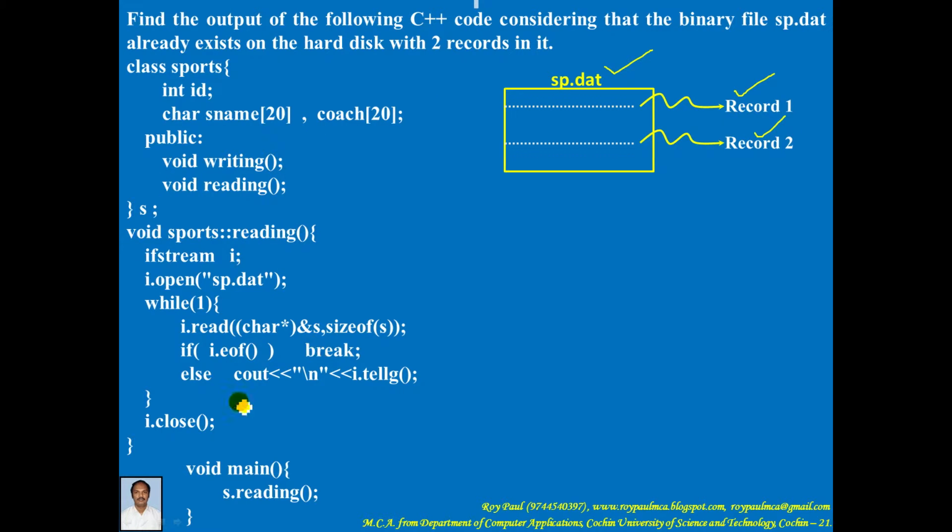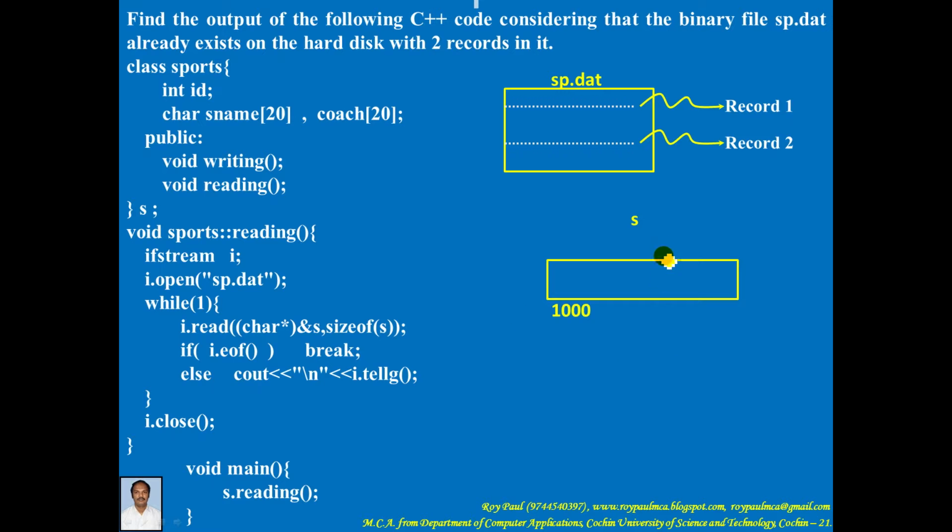Now in order to answer the output, step 1, memory should be allocated for global variables. Above the main function and outside all functions there is a variable, which is an example of a global variable. This is a class, and this is an object of a class, so first memory should be allocated for this global object.